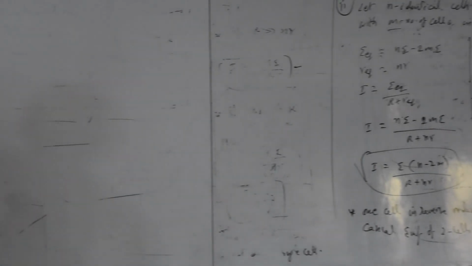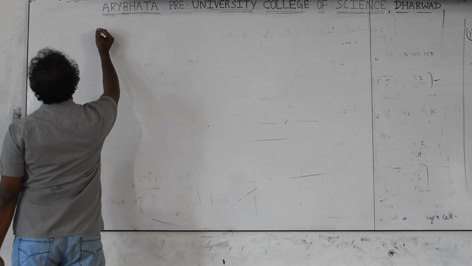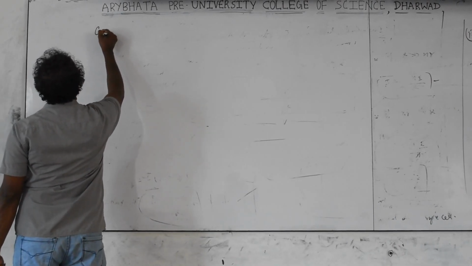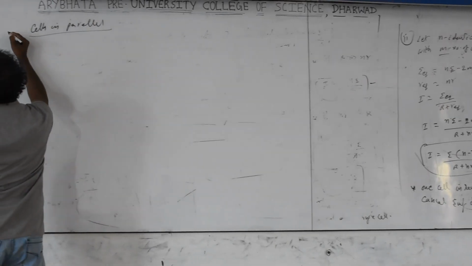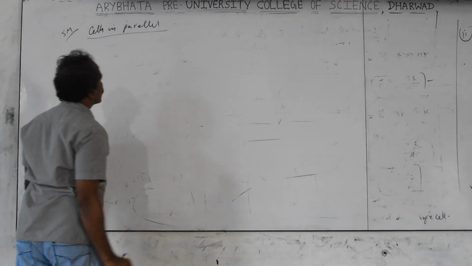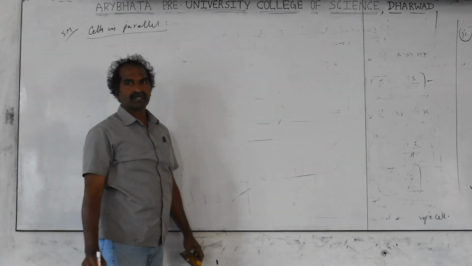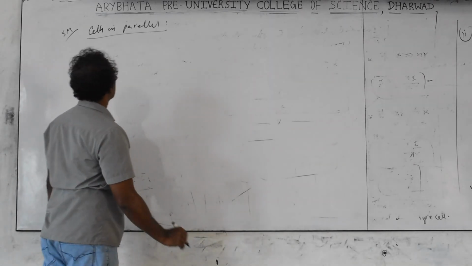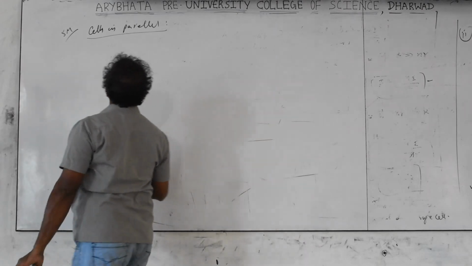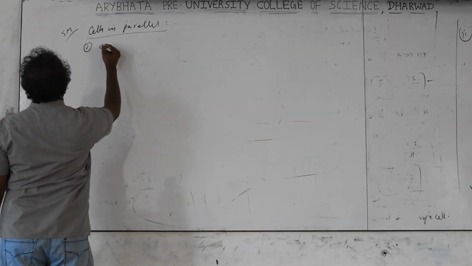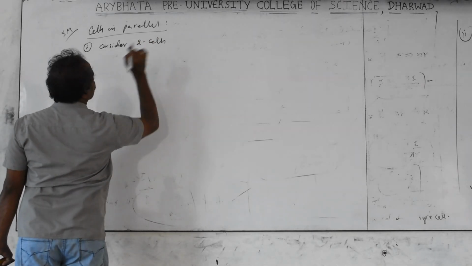Next, we will take cells in parallel. We take only 2 cells derivation. 5 marks question, very important ones.